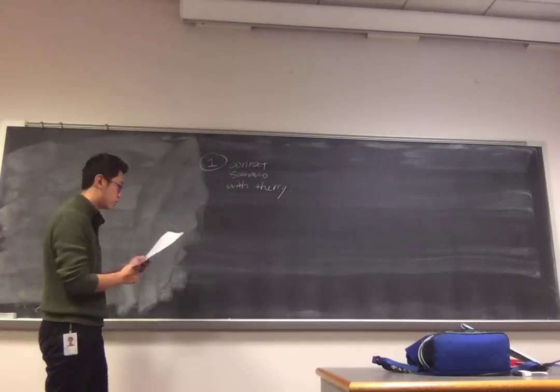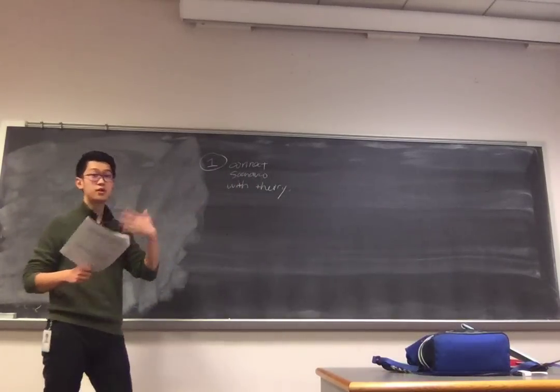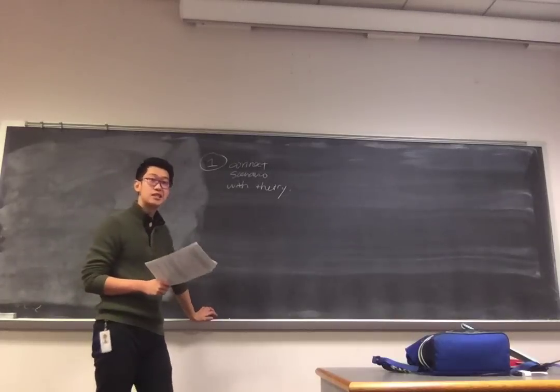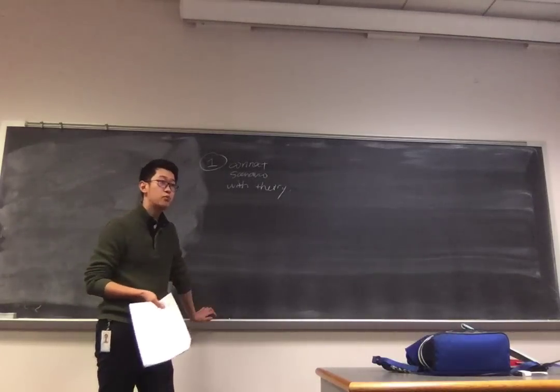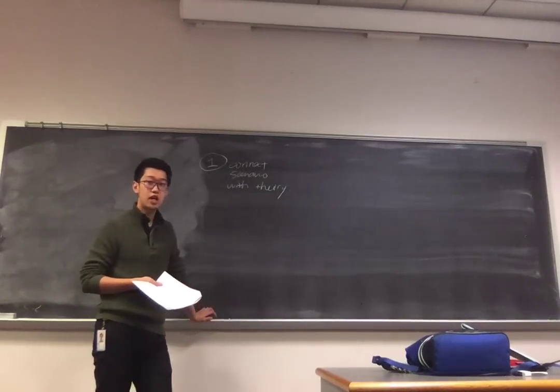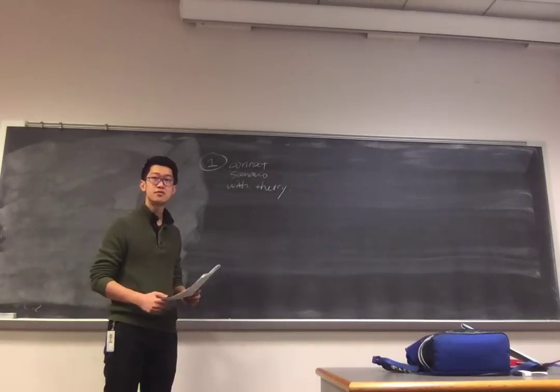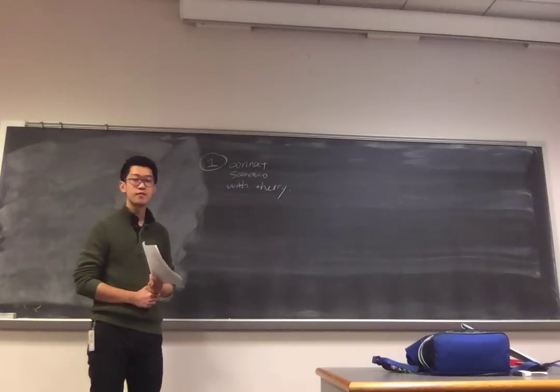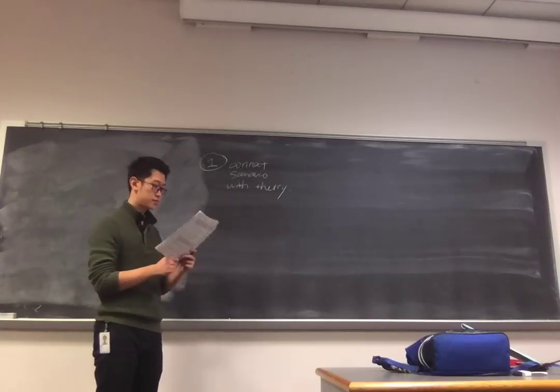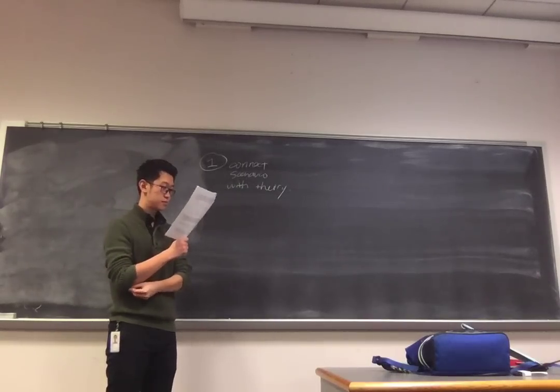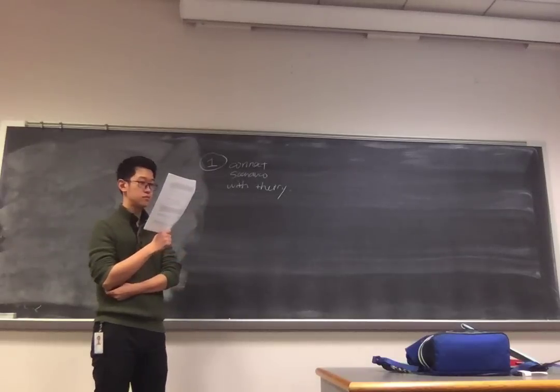So for question number one, what theory are we going to apply here? Which diagram, which part of the book, which topic? Any thoughts? Say it out. Cost optimization?